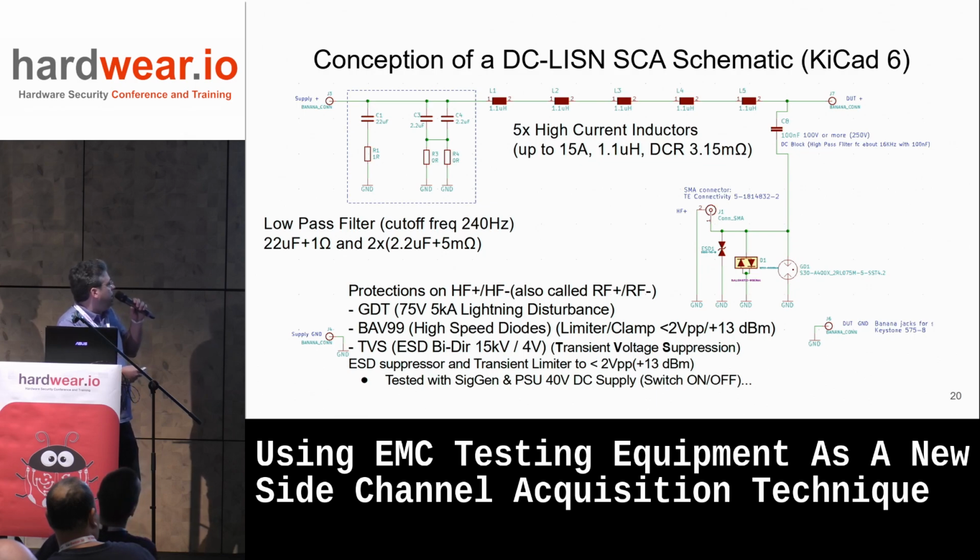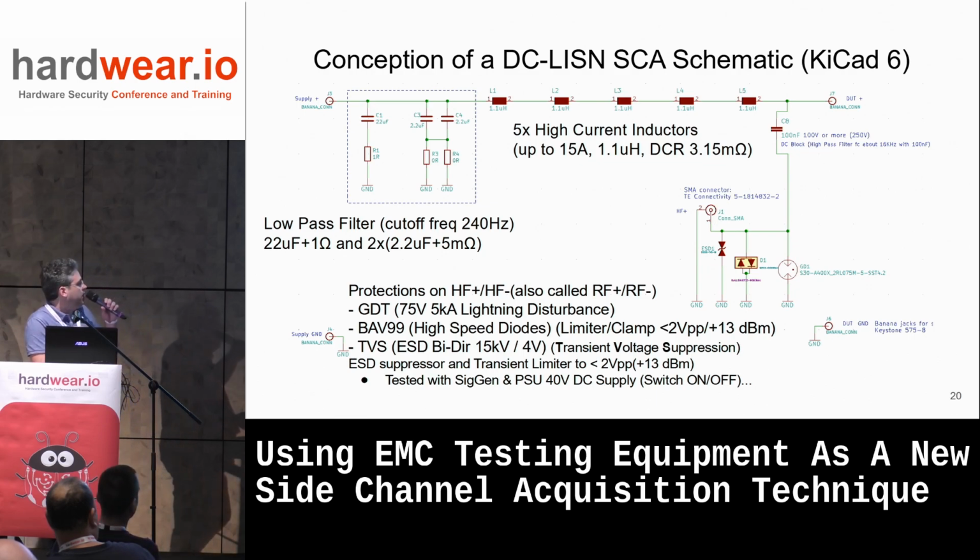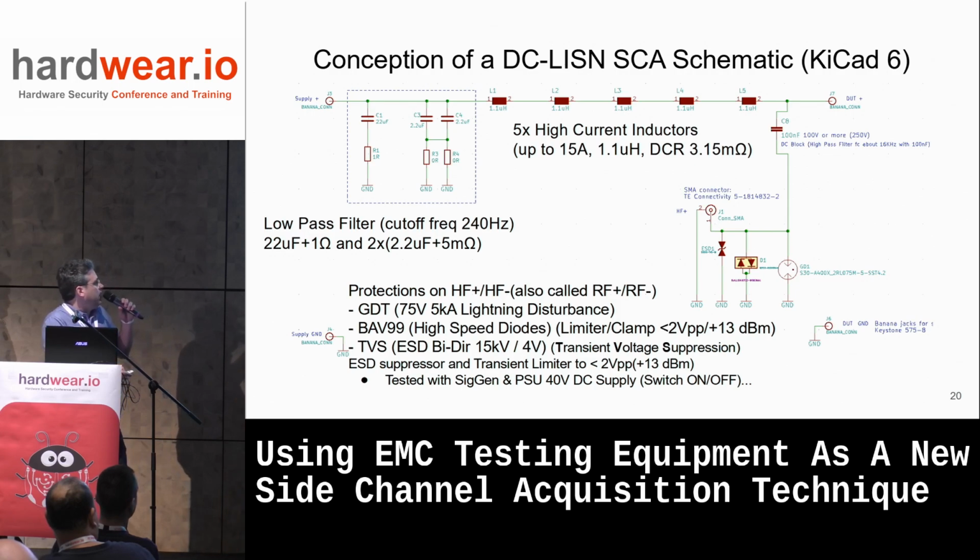We have the BAV99. It's a high-speed diode, well known because it's very good to be used as a limiter and to clamp the signal we have at the input to 2 volt peak. And then after this one, we have another ESD protection for transient voltage suppression.